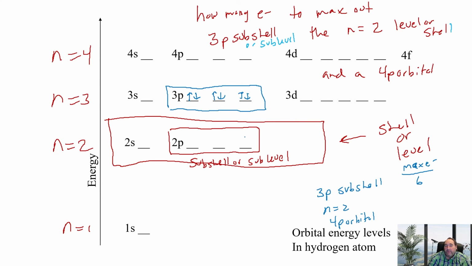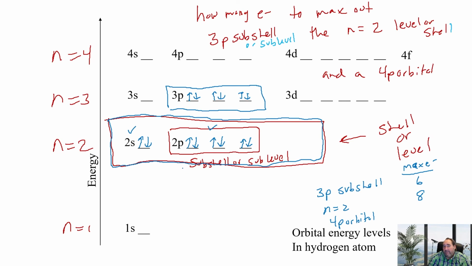The n equals 2 level or shell, that is, as I previously boxed, everybody found on the n equals 2 level. That consists of the 2s orbital, also consists of the 2p subshell. So that is a grand total of 8 electrons. 1, 2, 3, 4, 5, 6, 7, and 8.